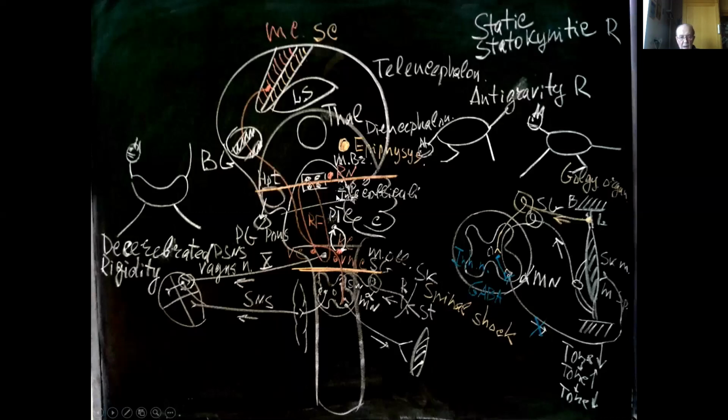The midbrain contains a very important nucleus, the red nucleus, two red nuclei, left and right, and the superior and inferior colliculi. On the back surface of the midbrain, these are the four hills. The upper colliculi, or superior colliculi, are the subcortical center of vision.